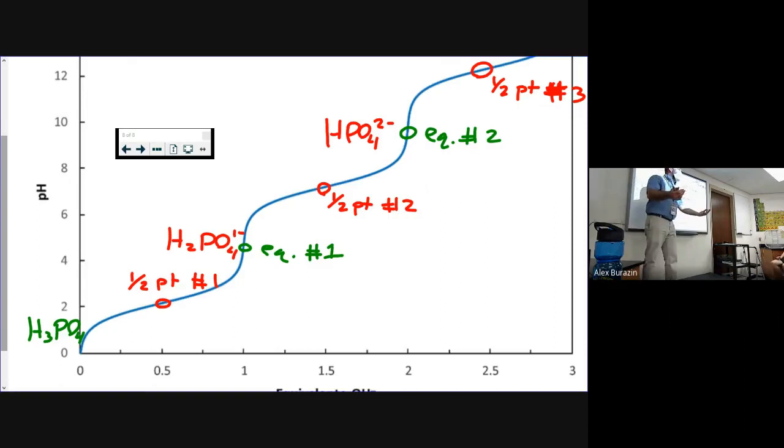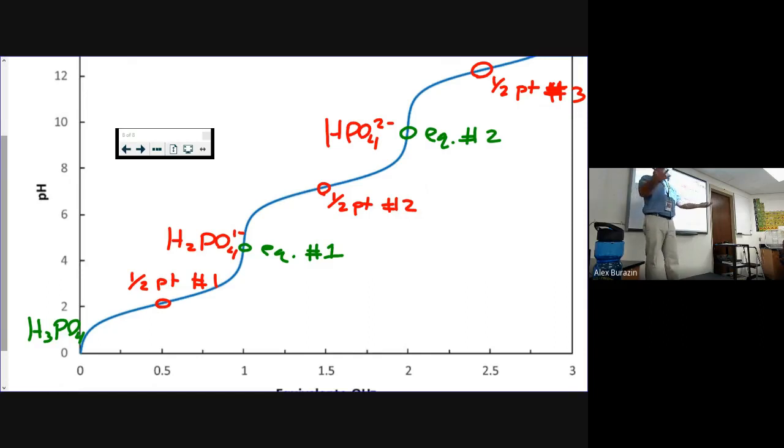Phosphoric acid has 3 K values: Ka1, Ka2, Ka3. The first is for the first hydrogen, second's for the second, third's for the third. And in reality, if you have a solution of phosphoric acid, we have 3 equilibria all at the same time between all of the versions of that chemical formula.